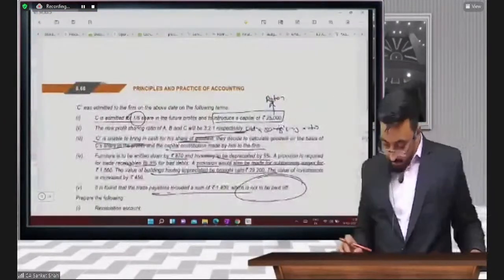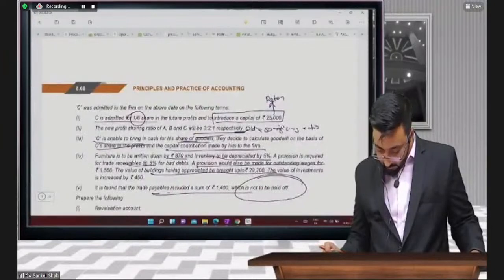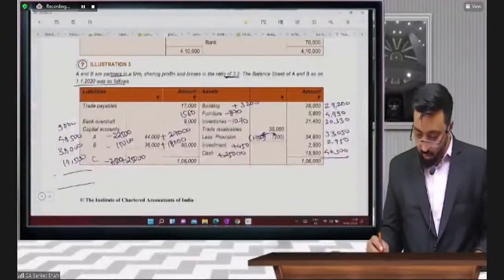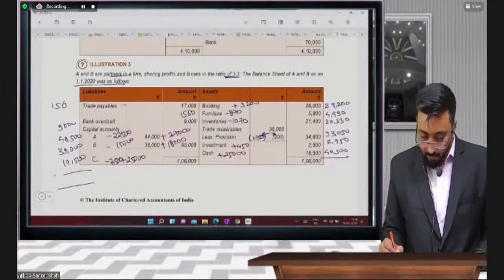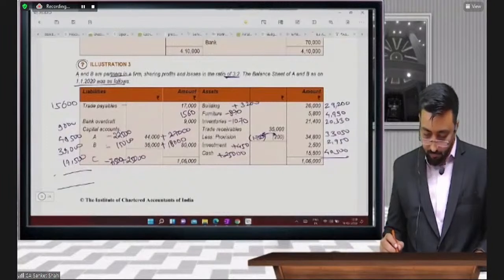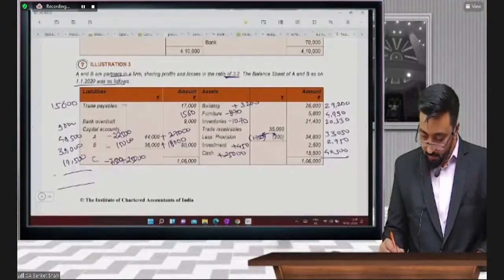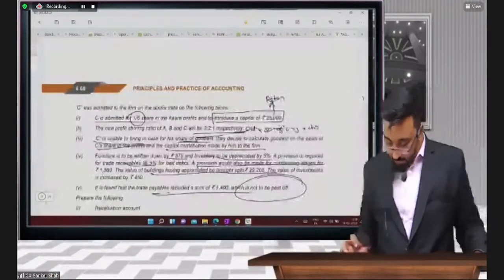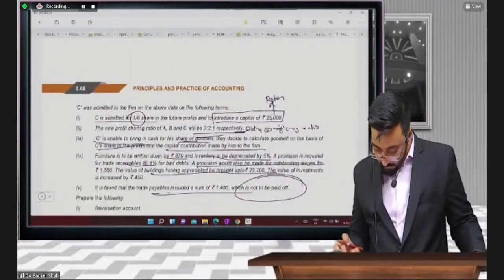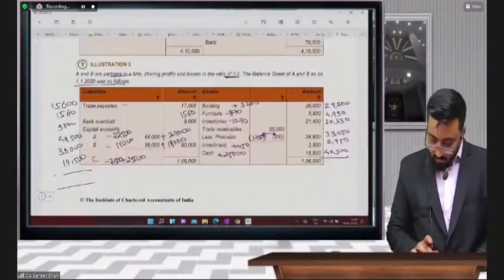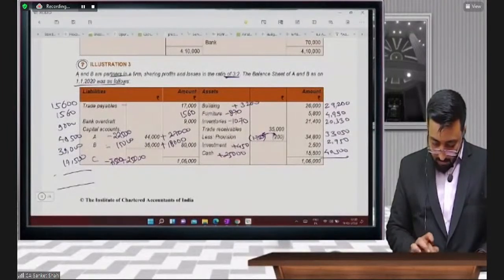Outstanding wages increased by beta. Sorry. And wages is 1560, na? Wages 1560. 15,600 plus 1560 plus 9,000.